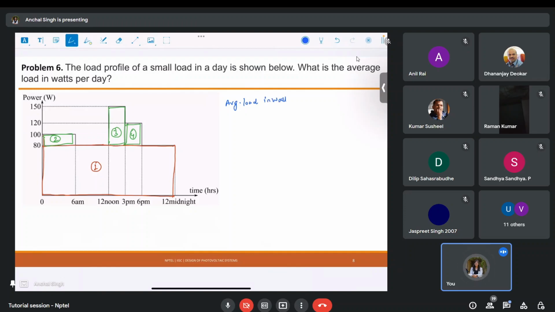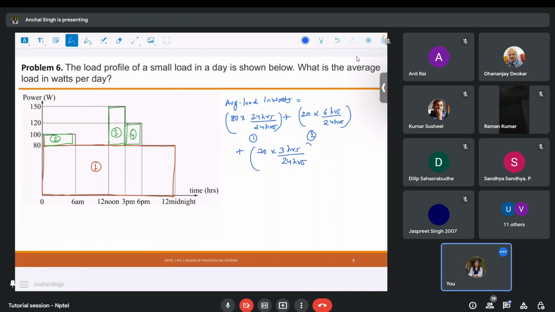Average load in watts will be equal to 80, which I am considering for 24 hours, so by 24 hours, plus, this is load number 1. Now load number 2 is 100 minus 80, that is 20 watts, for 0 to 6 am, that is 6 hours out of 24 hours. Then next is load number 3, which is 150 minus 80, that is 70, into 3 hours by 24 hours, since it's from 12 noon to 3 pm.